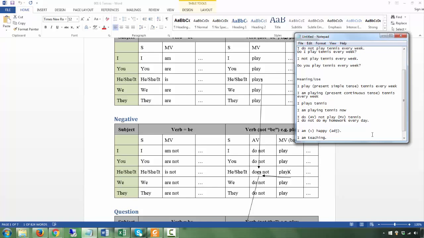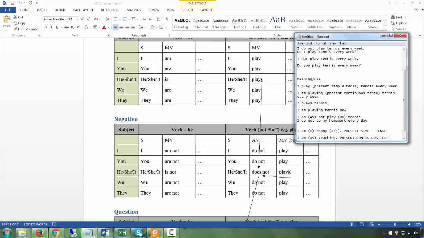Now, look at this. Firstly, this is using the present simple tense. Next one is using the present continuous tense. Different meanings, but this looks the same, doesn't it? The am looks the same. But don't be confused. This is the be verb in the present simple. This is present continuous, and this be verb is an auxiliary verb. Remember we talked about auxiliary verb?